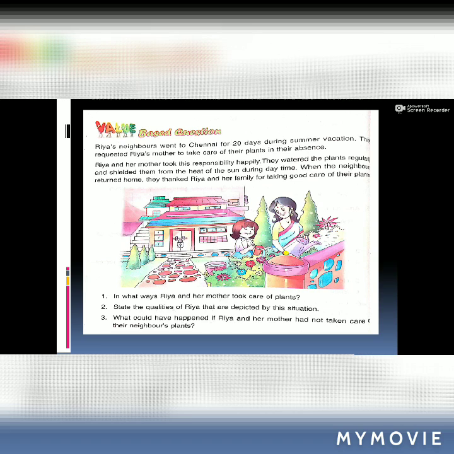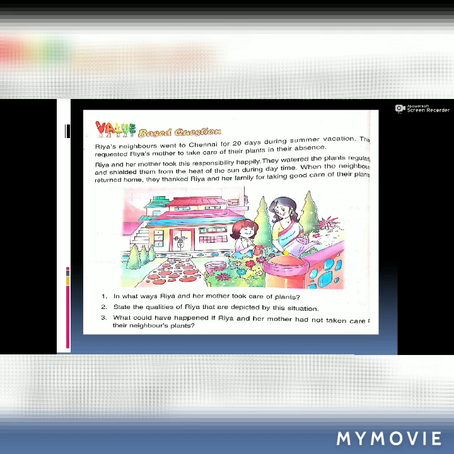It means you have to think, as a student of science, about your surroundings: how can you develop betterment for plantation, in your house and in your society, and how can you do more related to plants or a safe environment.